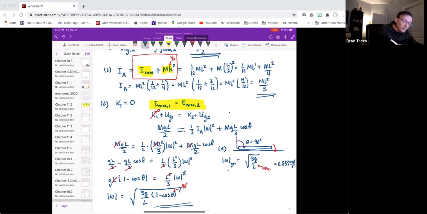And there's one more part, F. F asks for us to calculate the linear speed of a point on the end, the tip of the chimney, just as it reaches the ground. Okay, so now we're focusing on that point right there on the tip.